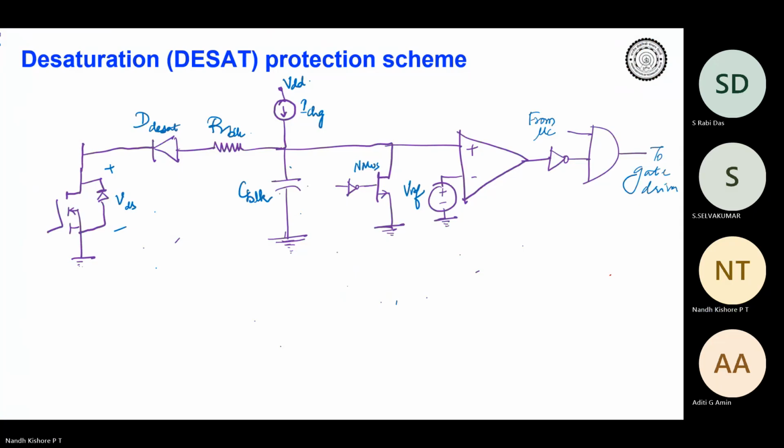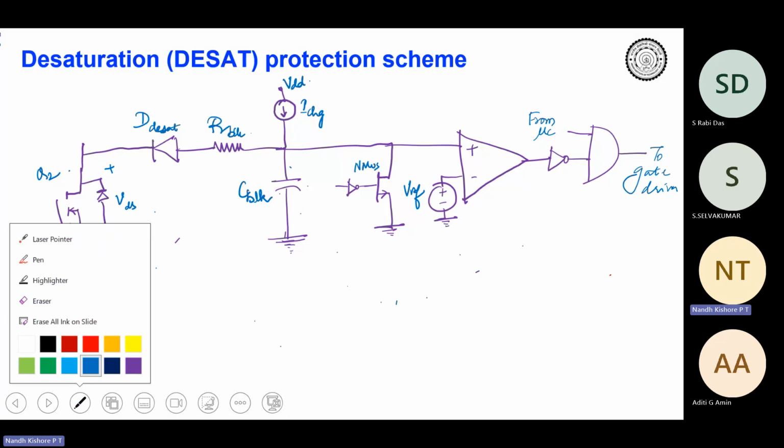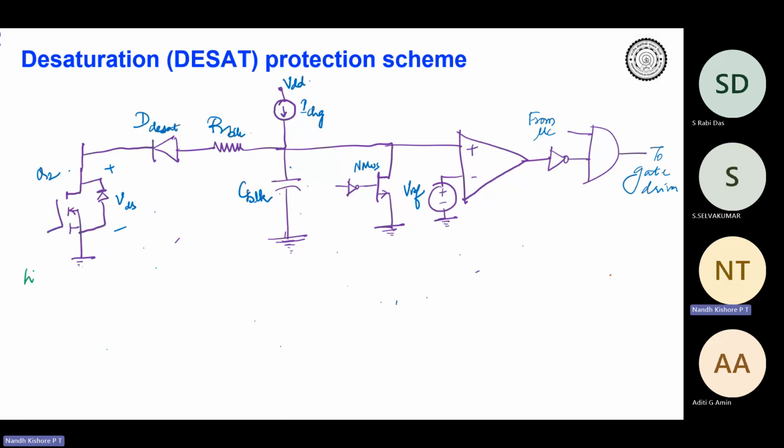Okay. So consider the scenario when the device Q2 is turning on. When Q2 turns on, from the microcontroller, immediately your signal became from a logic low to logic high, correct?